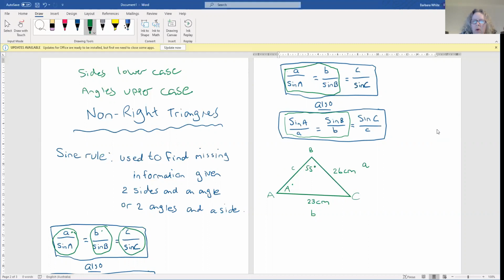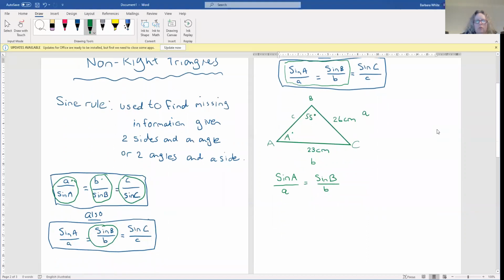So we're going to use this one where we've got sine of A, which is the thing we're trying to find, in the top left corner of our equation, not because it's the only way to do it, but because it's going to make the sum easier. Sine A divided by little a equals sine of B divided by little b.